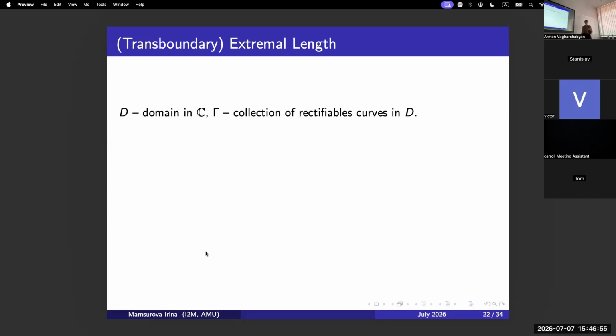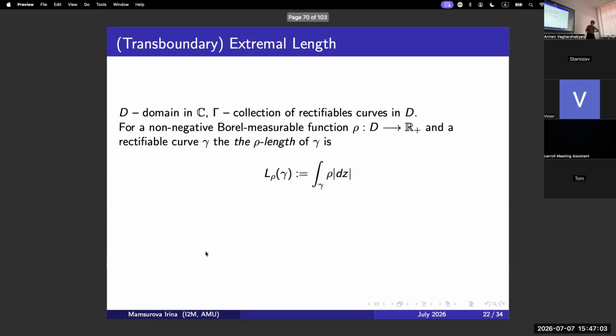You can preserve the conformal structure but change the length of the curve. So we should define length as follows. Rho, if you wish, is a way to describe all metrics compatible with the conformal structure.